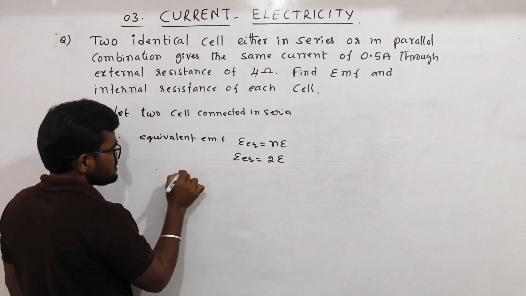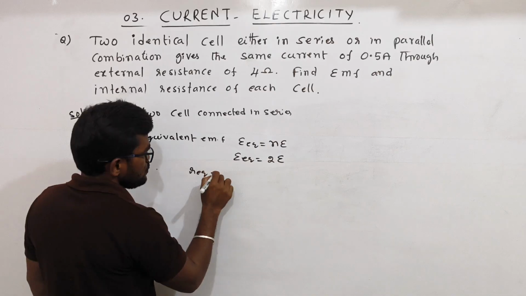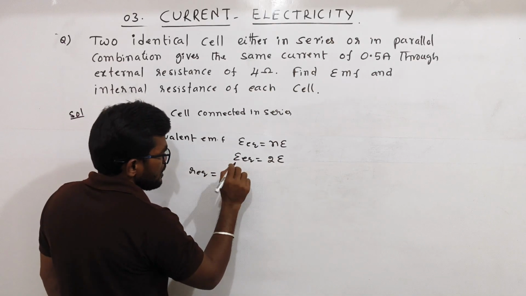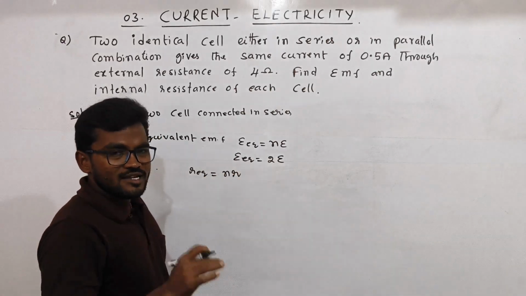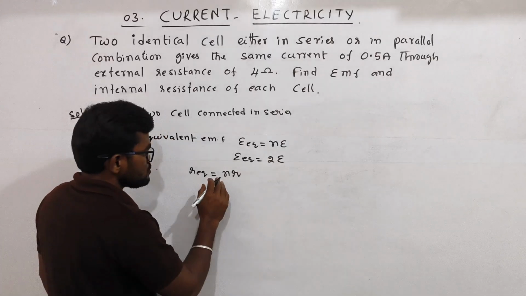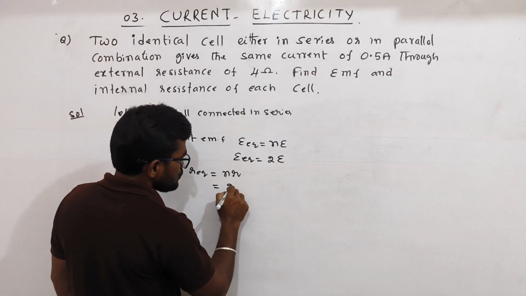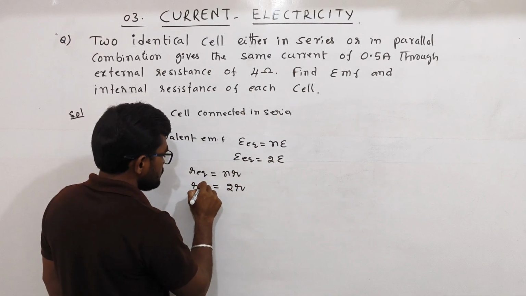Similarly, equivalent resistance R equivalent is equal to N into R, where R is the internal resistance of each cell, so R equivalent is 2R.